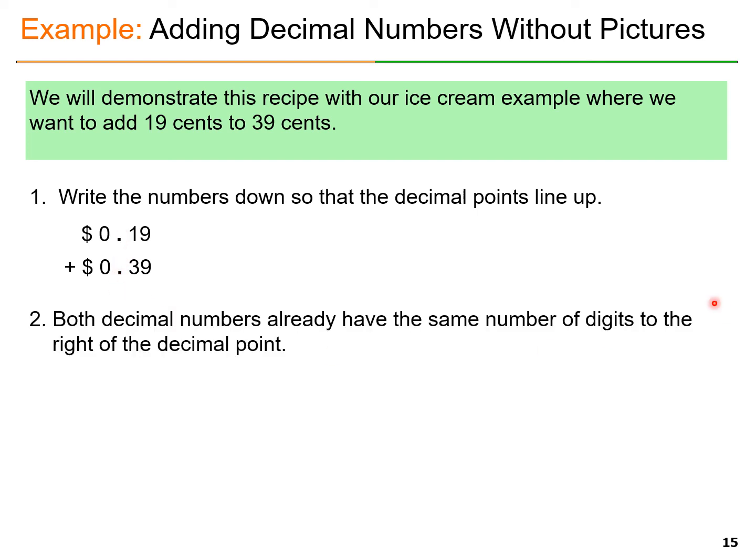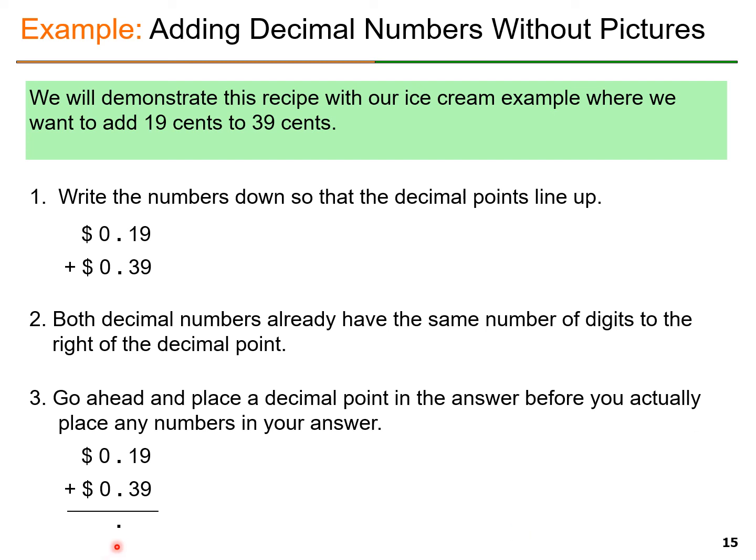Step 2, both numbers already have the same number of digits to the right of the decimal point. Both numbers already have two digits to the right of the decimal point, so we don't need to add any zeros. Step 3, go ahead and place a decimal point in the answer. So you draw your horizontal line and then put a decimal point in the answer before we start placing any numbers in our answer.